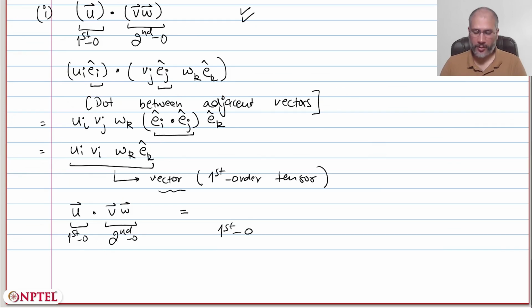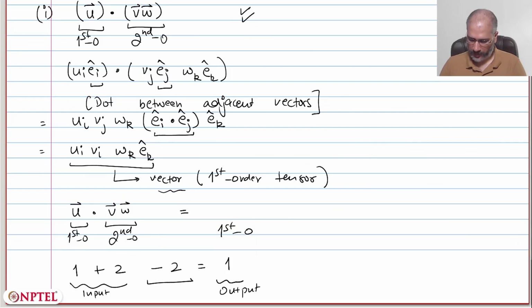So our equation is 1 plus 2 minus 2 is equal to 1. This 1 plus 2 is the input tensors, this final 1 is the order of the output tensor, and this minus 2 is because of the inner product.